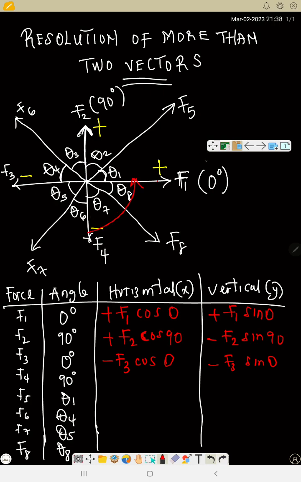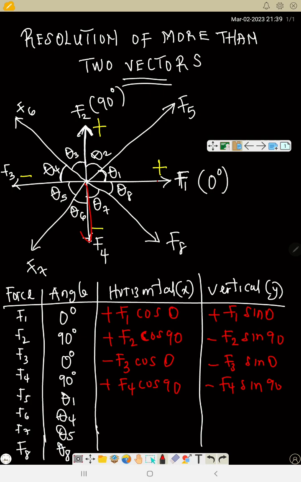Remember, anti-clockwise, that is this way. So that will be minus F4 sine 90, since it's in vertical already, and plus F4 cos 90, because you move this vertical to this side, that is to horizontal.